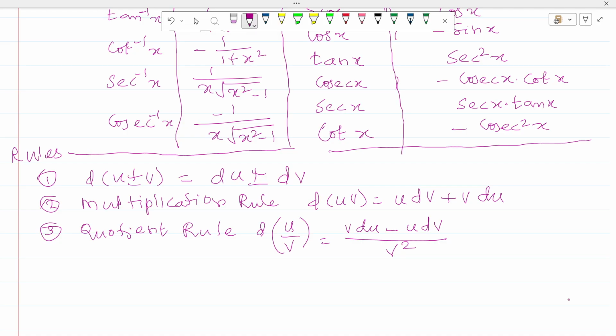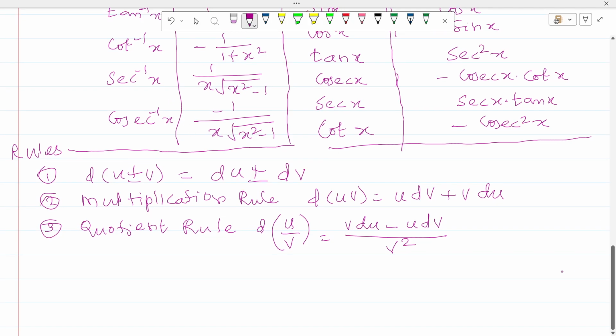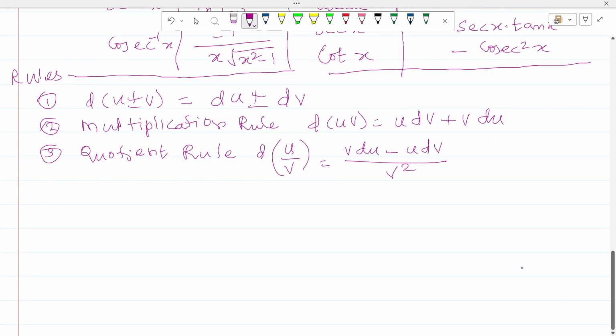Next one is very important, the chain rule. Mostly we use the chain rule in functions of several variables, and it is very useful.